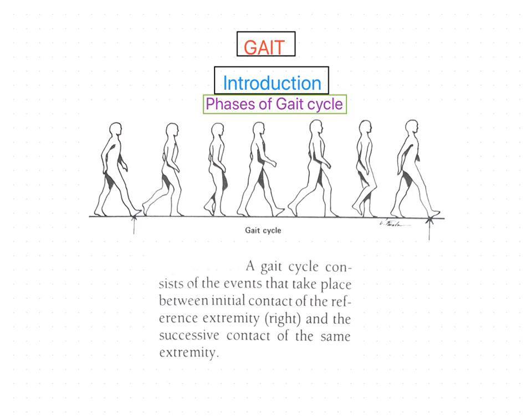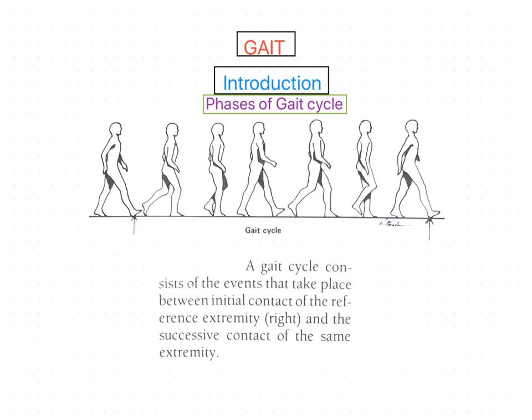Normally in human locomotion, we get the opportunity to discover how individual joints and muscles function in an integrated fashion to produce motion of the body as a whole.